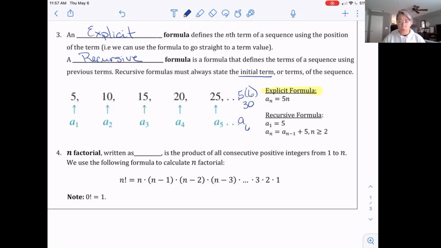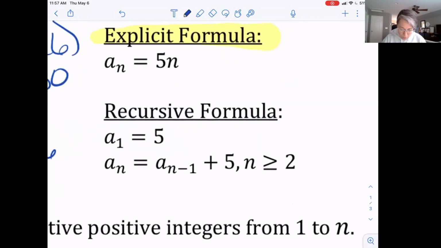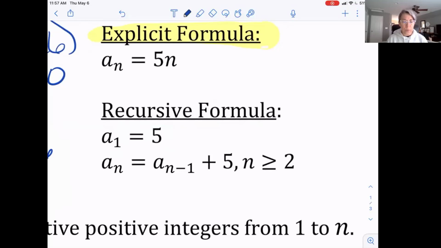The recursive formula states that our first term is 5, but then any term after that is the previous term plus 5. So notice how that's represented. If I want to know the nth term, this here represents the term before it.